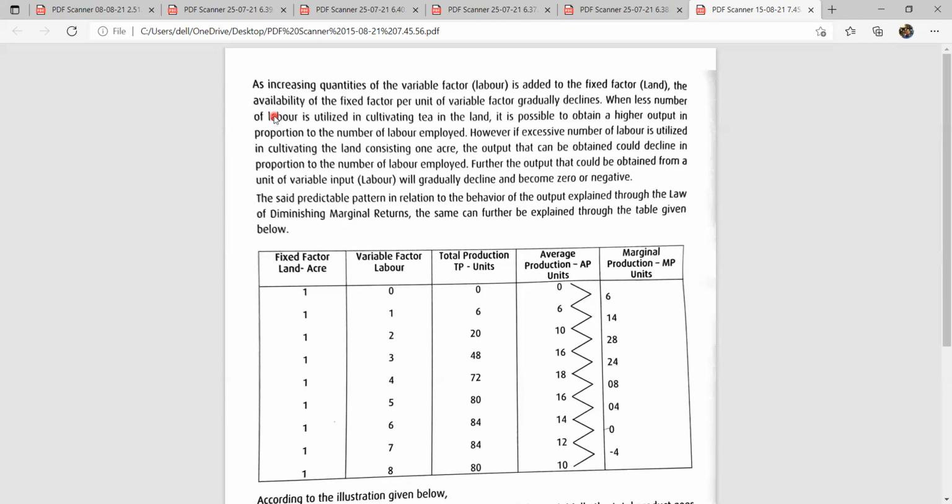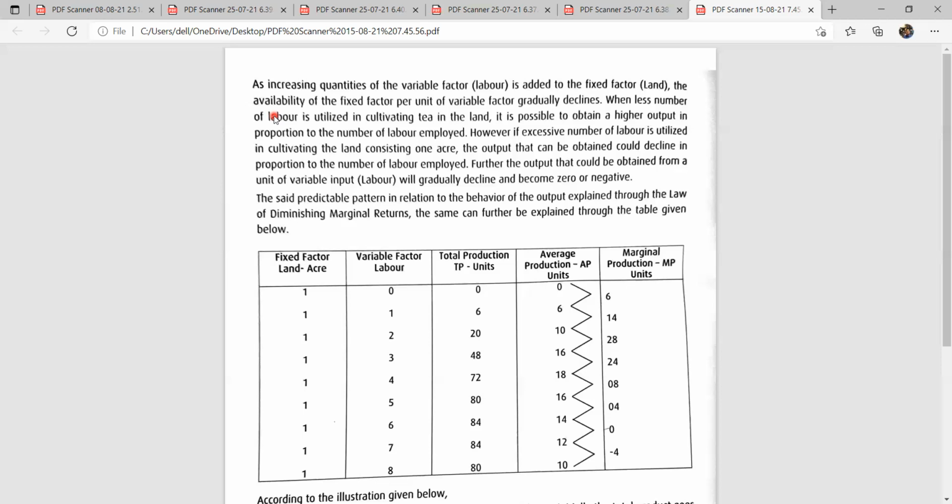However, if an excessive number of labor is utilized in cultivating land consisting of 1 acre, the output that can be obtained could decline in proportion to the number of labor employed.